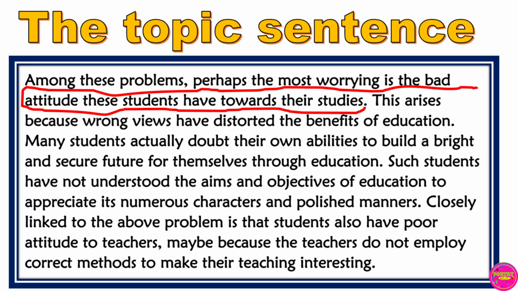So when you're talking about why candidates fail an examination, you don't have to write, among these problems, perhaps the most worrying is the bad attitude the students have towards their studies. This is wrong. The bad attitude the students have towards their studies, that is the topic sentence. You can shorten it, you can take out some words, you can change some, but make sure that the meaning remains the same.